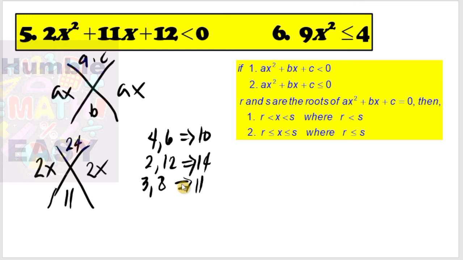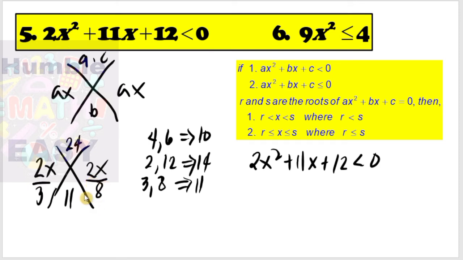So in that case, we're now dealing with the given, which is 2x squared plus 11x plus 12 is less than 0. So we could now have 3 over here and 8 over here. Okay?